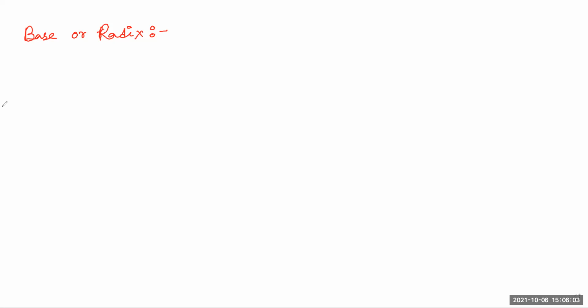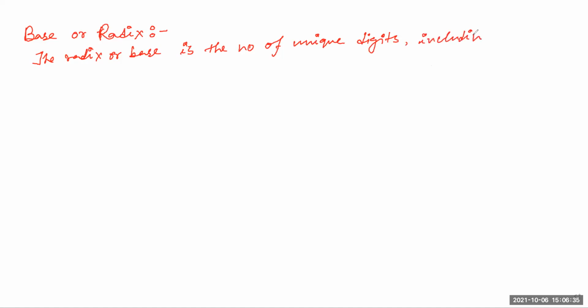I'm writing here: the radix or base is the number of unique digits, including the digit 0, used to represent numbers.